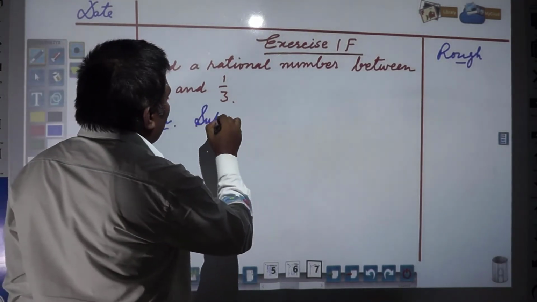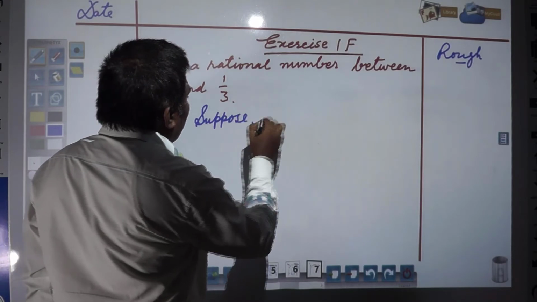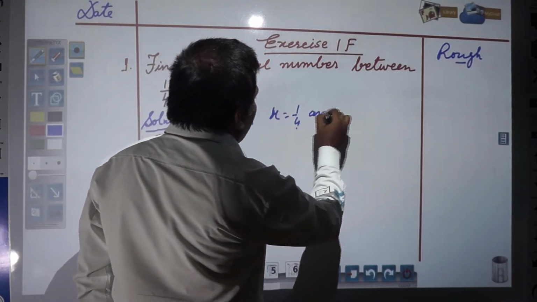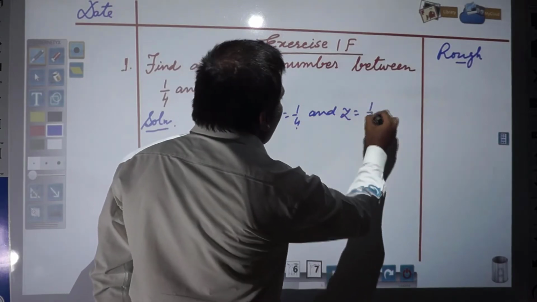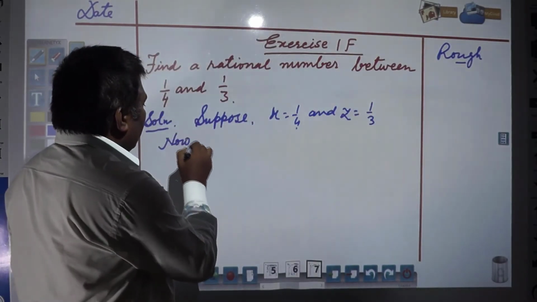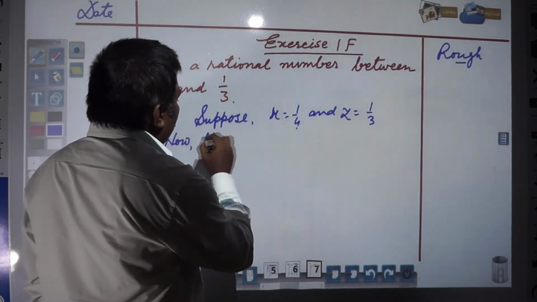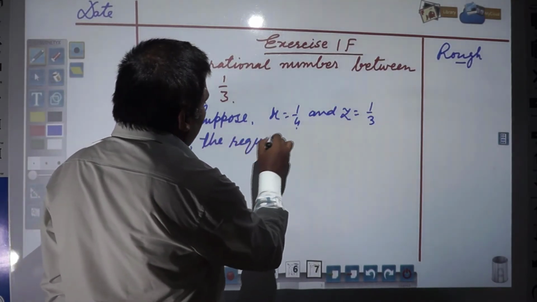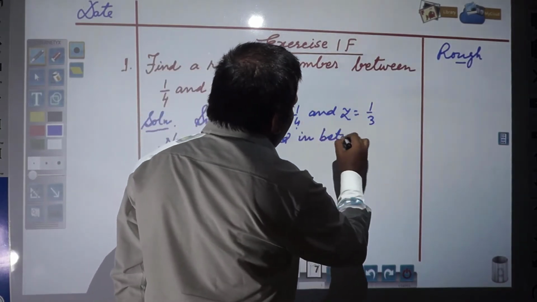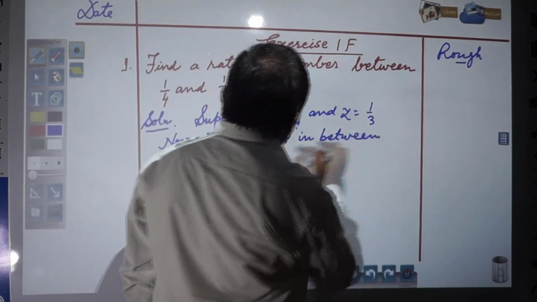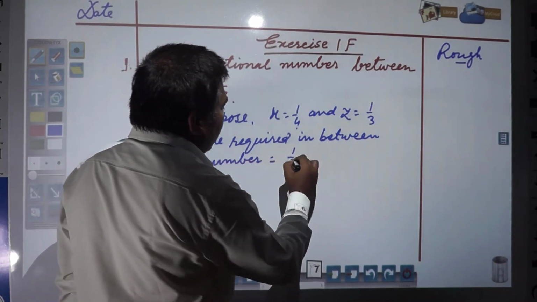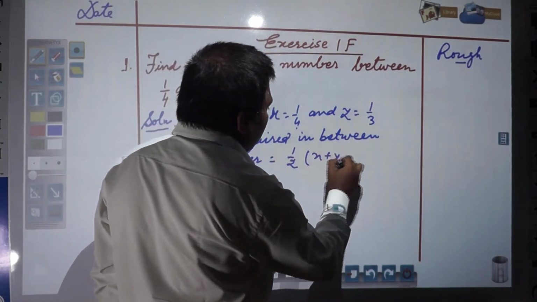Suppose x is equal to 1 by 4 and y is equal to 1 by 3. Now the required in between number will be equal to 1 by 2 times x plus y.